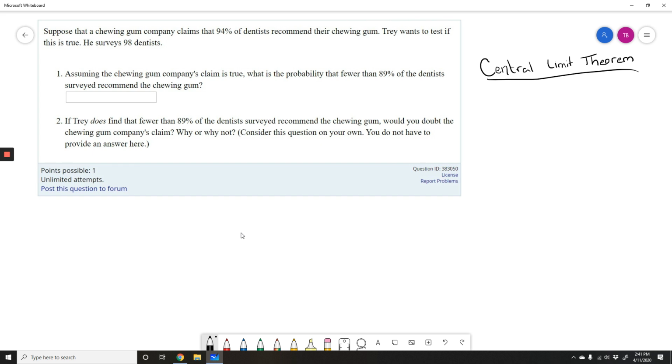And we know that the central limit theorem for proportions has the distribution of sample proportions normally distributed with a certain mean and a certain standard deviation, where the mean is the same as the population proportion, which in this case, we're assuming the claim. So we're assuming the population proportion is 94%.